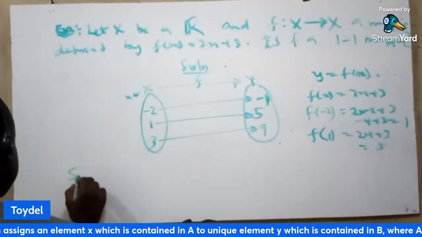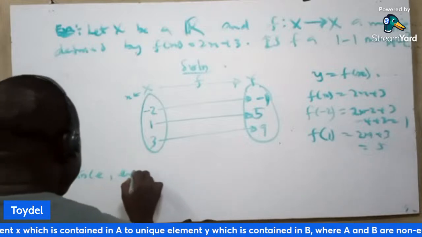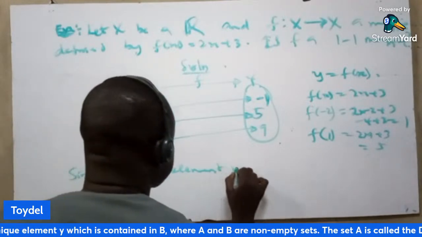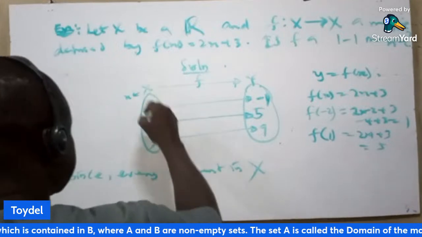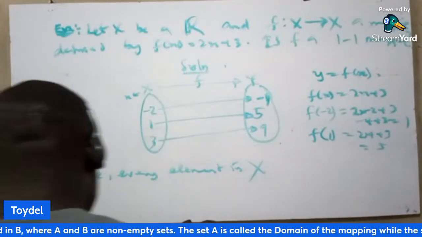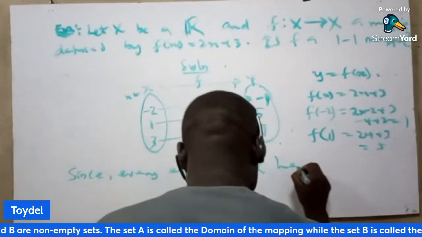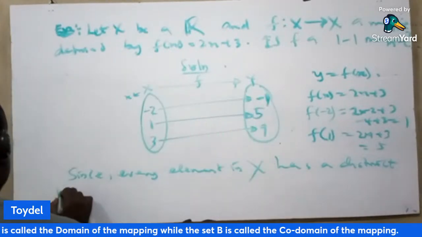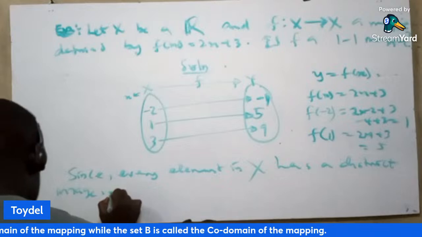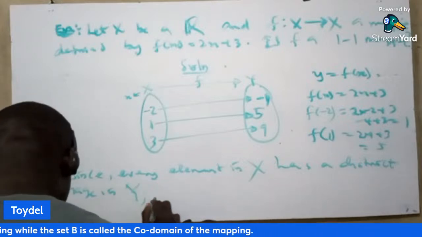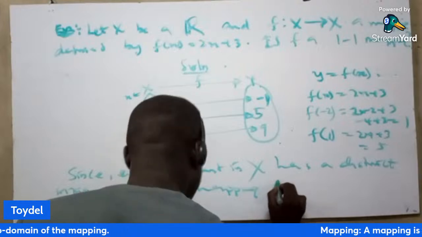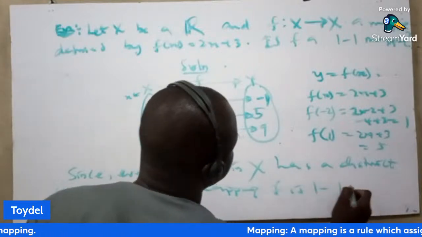Just say, since every element in x, like we have -2, 1, 3, every element has a distinct image in y, the mapping f is one-to-one or injective.